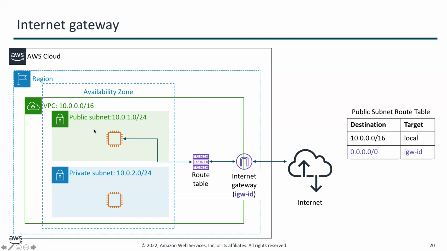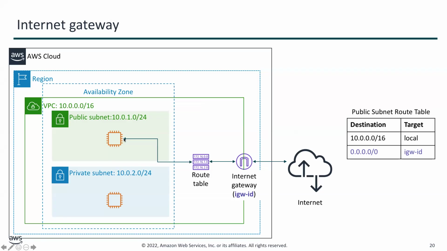Now, because it is public, we attach something called an internet gateway. IGW-ID something is the kind of default name for an internet gateway within AWS, right? Why? We need to connect that subnet to the internet, so from the internet we can access that subnet, meaning the resources within that subnet, isn't it?